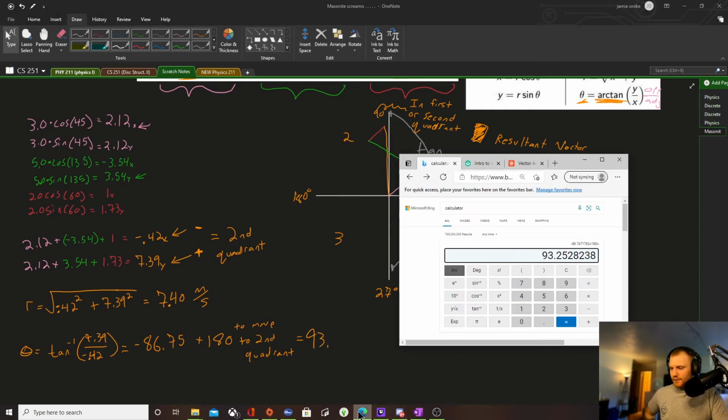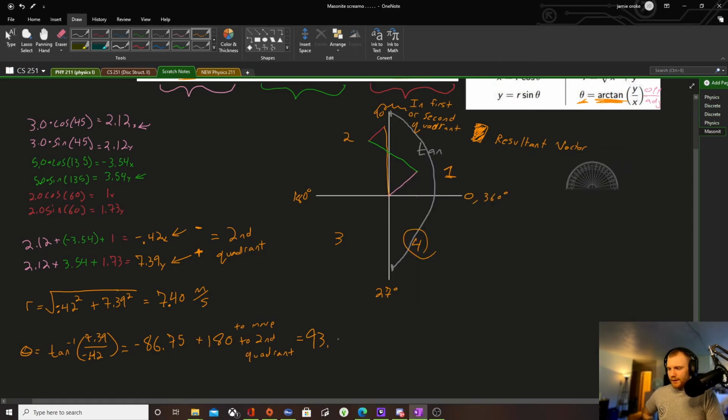Let's see what that last number is, 0.25. So we'll round up. We'll say 93.3 degrees. So the resultant in polar form right here, the answer is 7.40 meters per second at 93.3 degrees. And that's it.